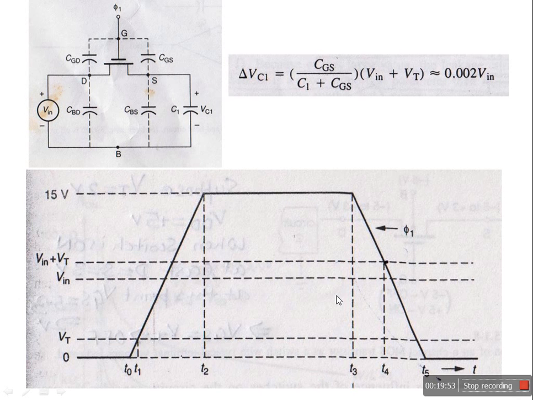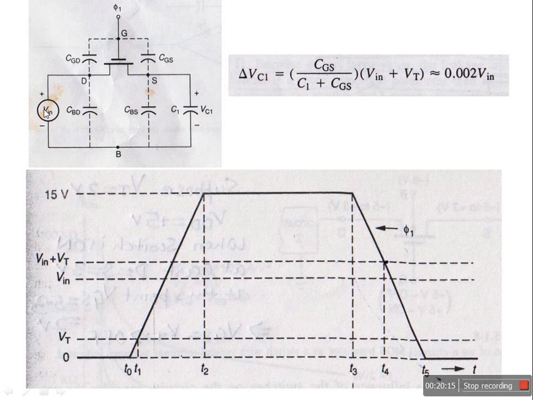Next concept to be discussed is the clock feed through. This is very important, the clock feed through. Our purpose is to switch on this MOSFET device. It will give a path for V in to charge the capacitor.